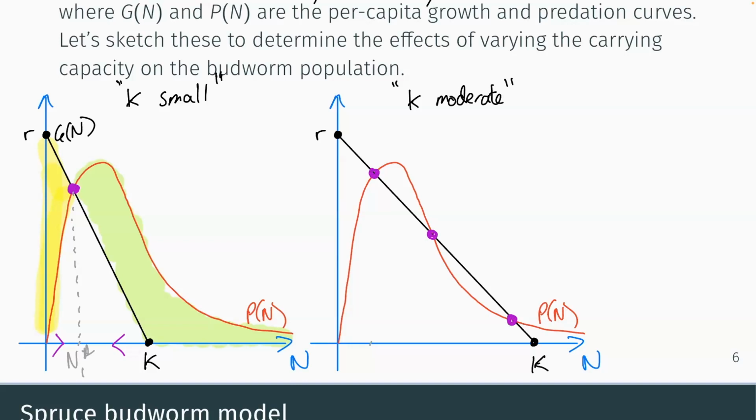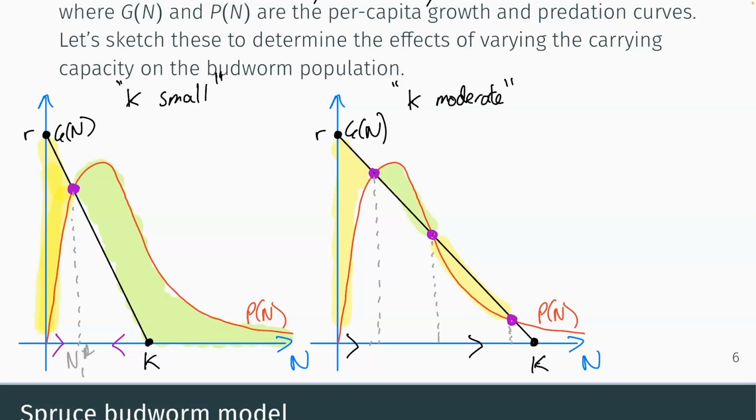So just as before, we can think about when we are moving to the left or right. In these yellow regions, the black curve is above the red curve. This black curve is my growth rate, so I'll be moving to the right. And in this green shaded region here, the red curve is above the black curve, so I'll be moving to the left.